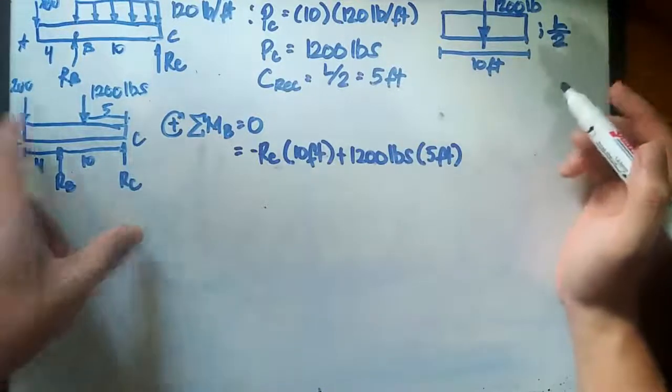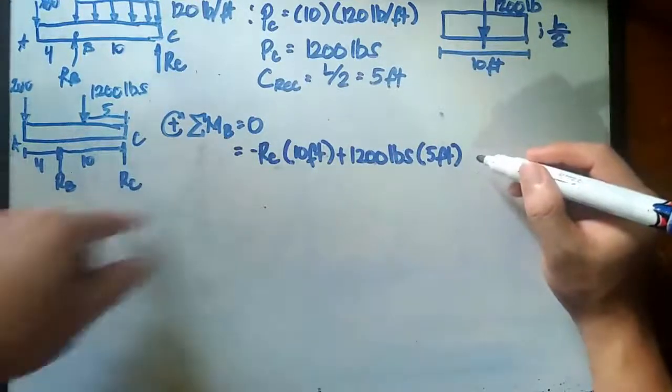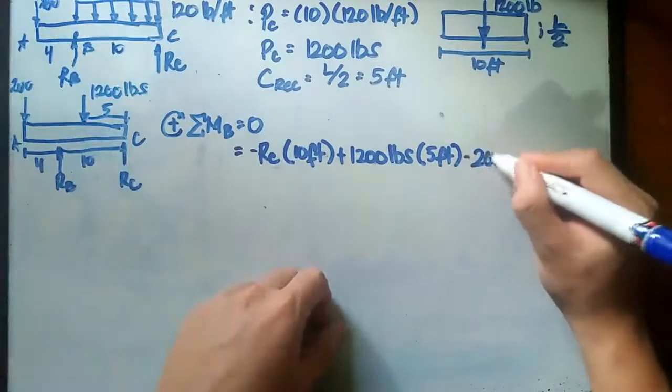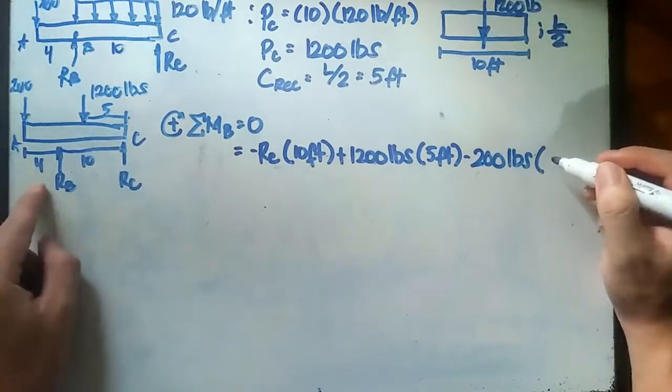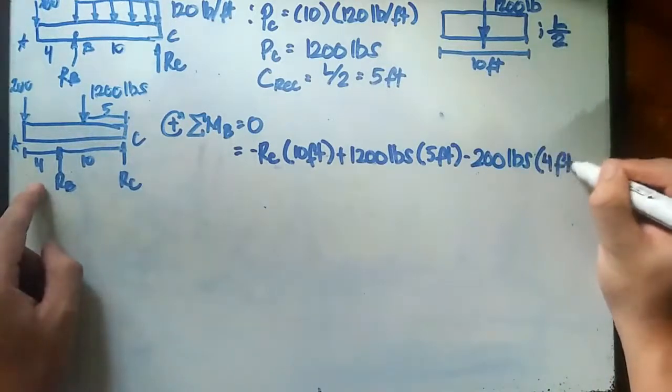And what else? We have this 200 going to rotate counterclockwise, so that should be negative 200 pounds multiplied by the perpendicular distance equivalent to 4 feet.